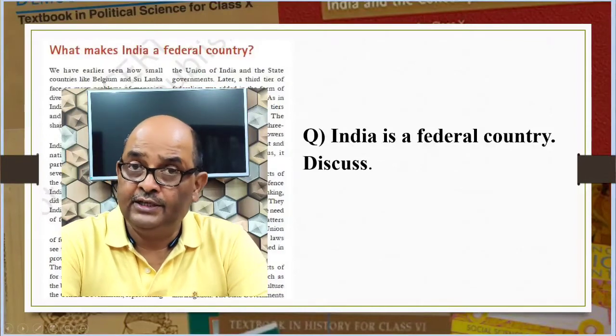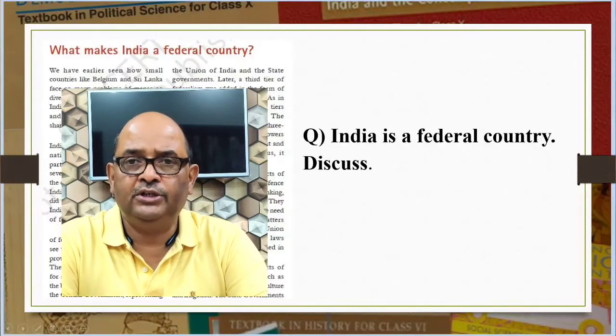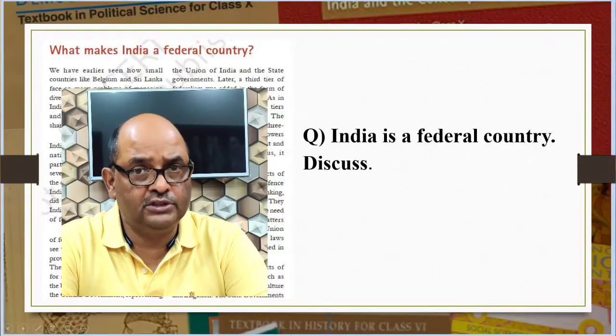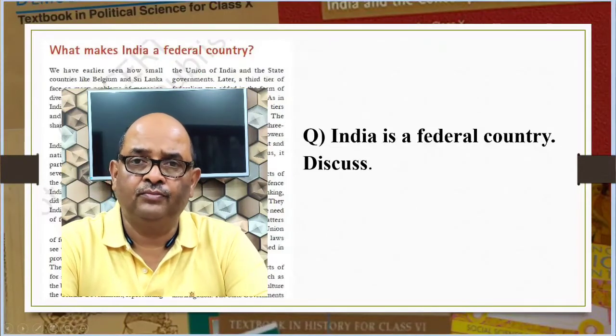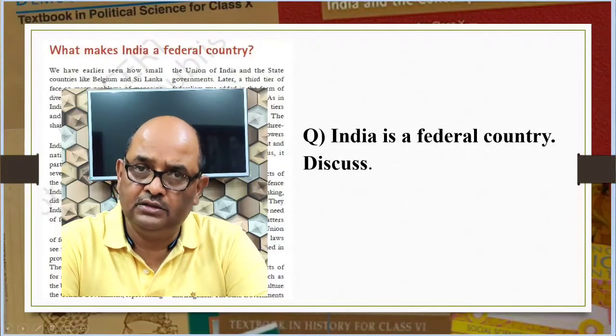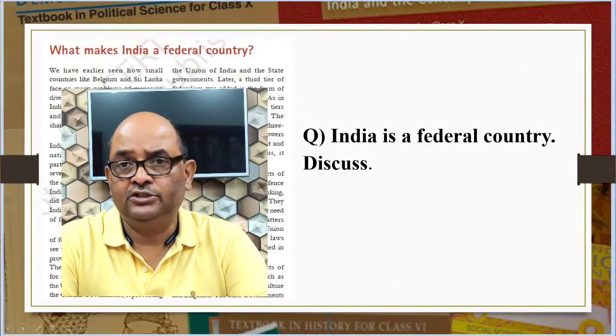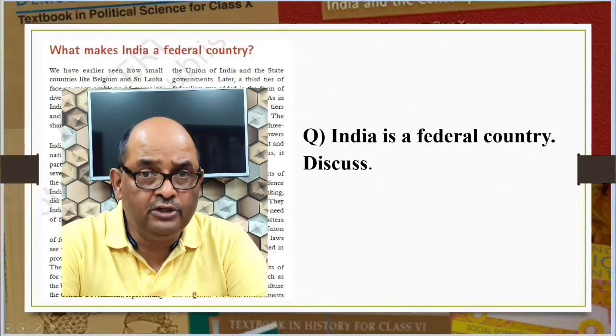Third, there is an independent judiciary to oversee the implementation of constitutional provisions and the procedures. In case of dispute of powers, the High Court and the Supreme Court will make a decision. 4. Each tier has its own independent source of revenue.